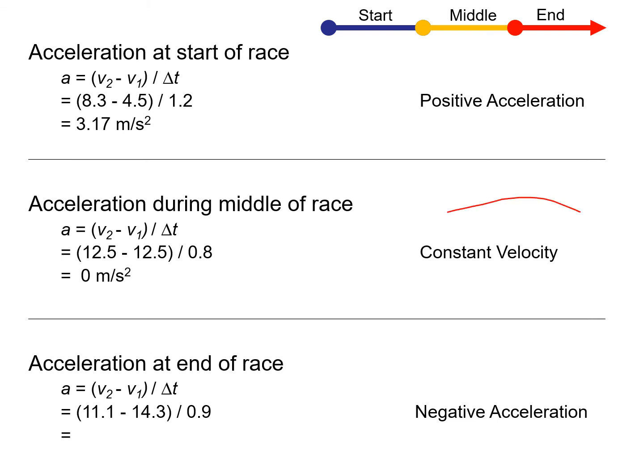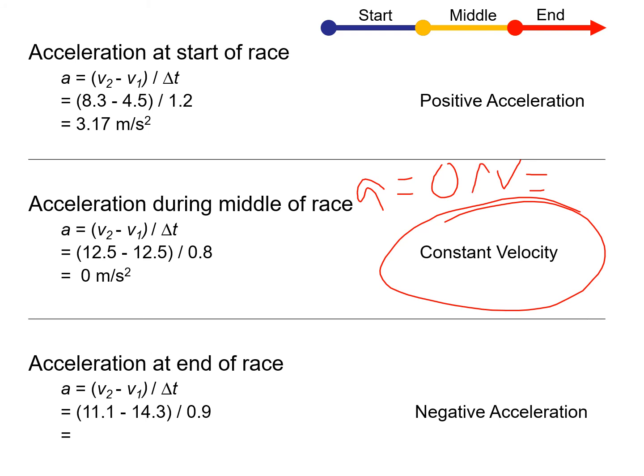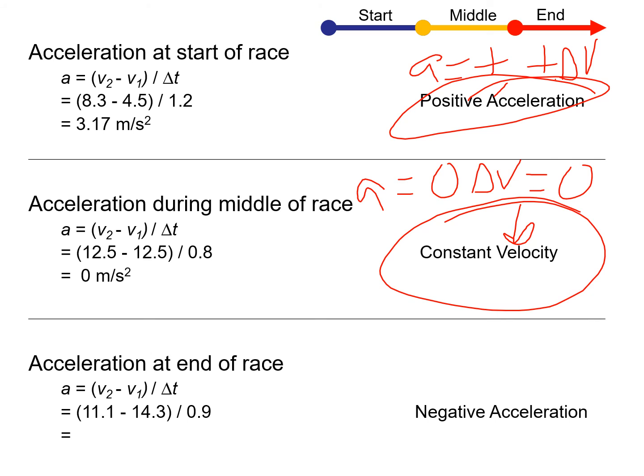We have a constant velocity. So if acceleration is 0, then a change in velocity is also 0. If acceleration is positive, that means we have a positive change in velocity. So we have a positive acceleration.